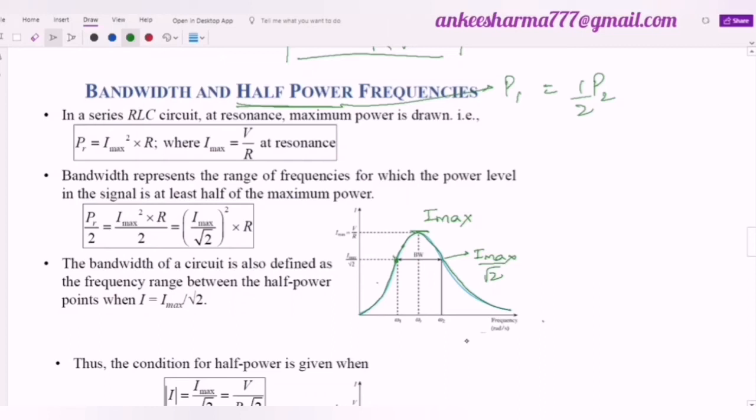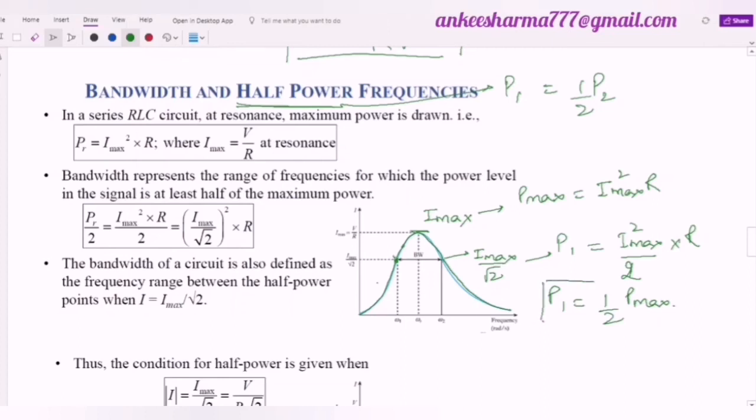It means if I take the power at this point, let this power be P max, which is equal to I max square into R. And if I take this power, let this power be P1, it will be equal to I max whole square divided by root 2 whole square, which will be written as I max square by 2 into R. And if I compare these two powers, can I say that P1 will be equal to half of P max?